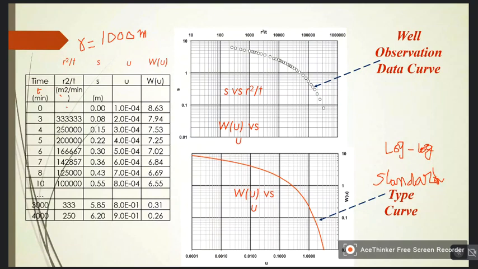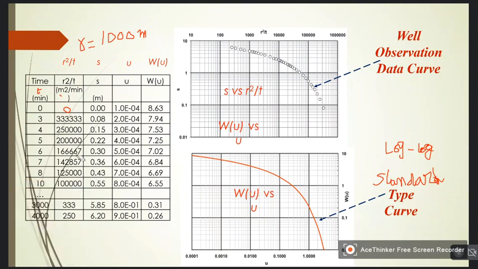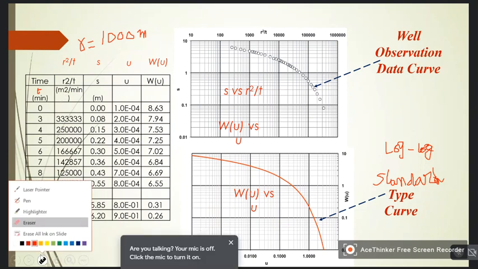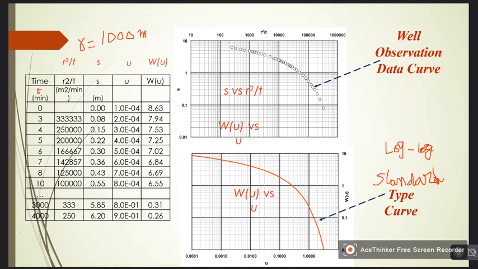The first value will not be there, because T is 0, R square by 0 is infinity. So these will be the values.